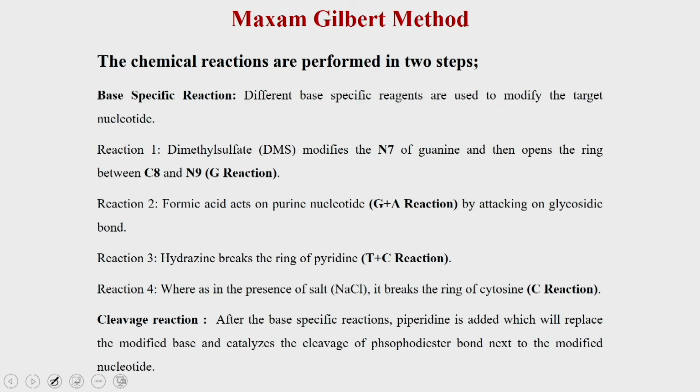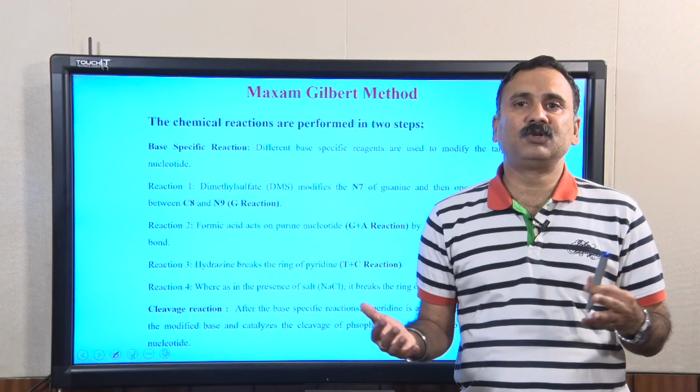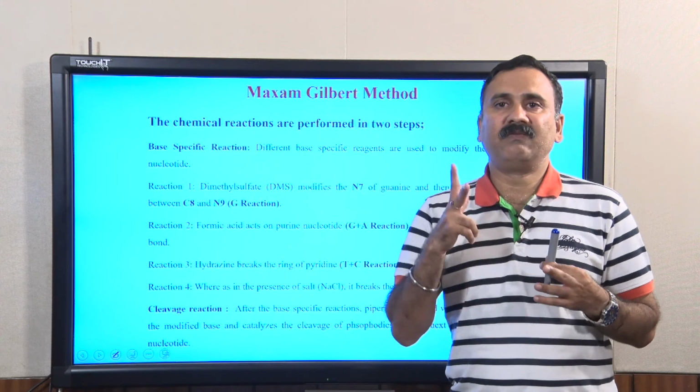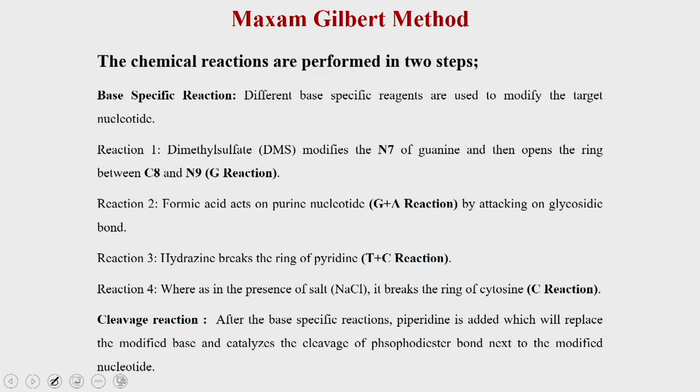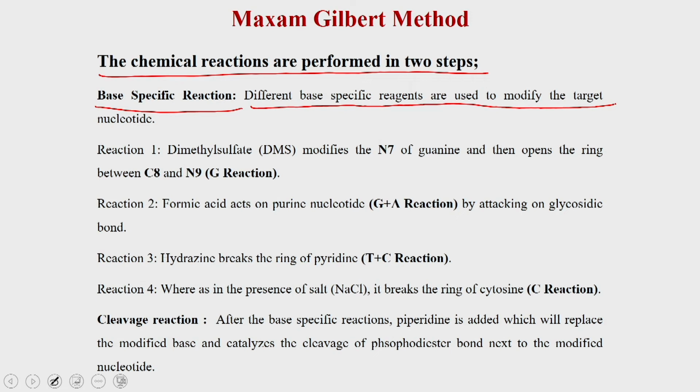For the Maxam-Gilbert method, the chemical reactions have to be done in two different steps. In step 1, you perform the base-specific reactions to modify the nucleotides. You have to do this for guanine and all the other nucleotides.